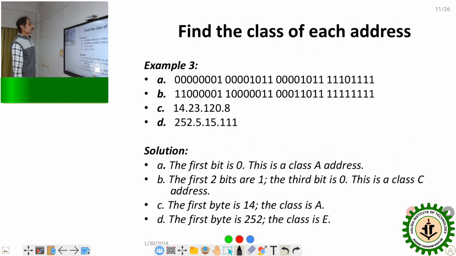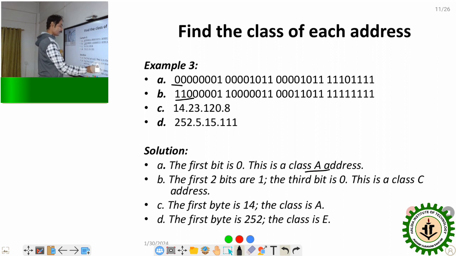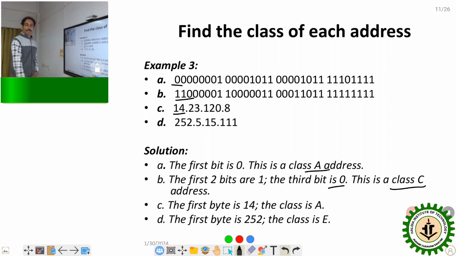And here is another example: how to find the class of each address. The trick is already discussed: any address starting with 0 will be class A, and accordingly you can see the result. The first three bits are 1, 1, 0, so it belongs to class C. And here you follow its dotted decimal equivalent, and we know the range.